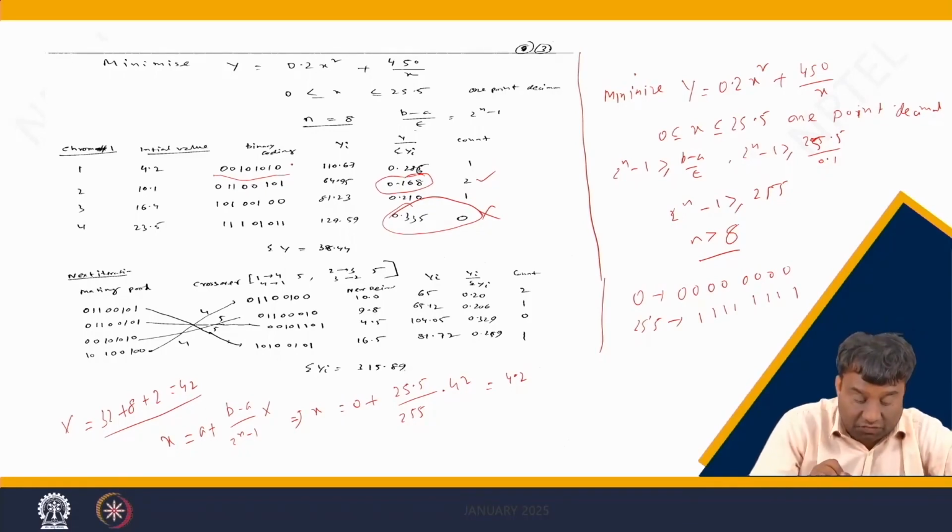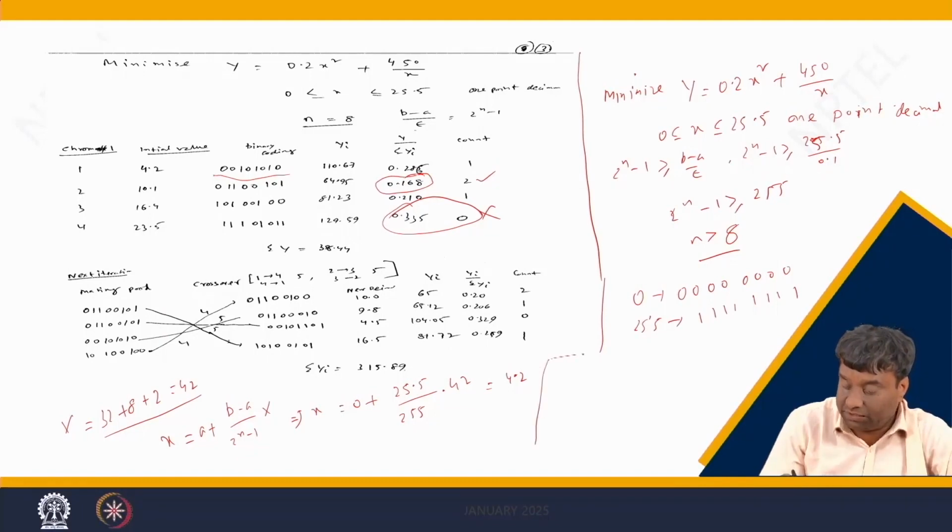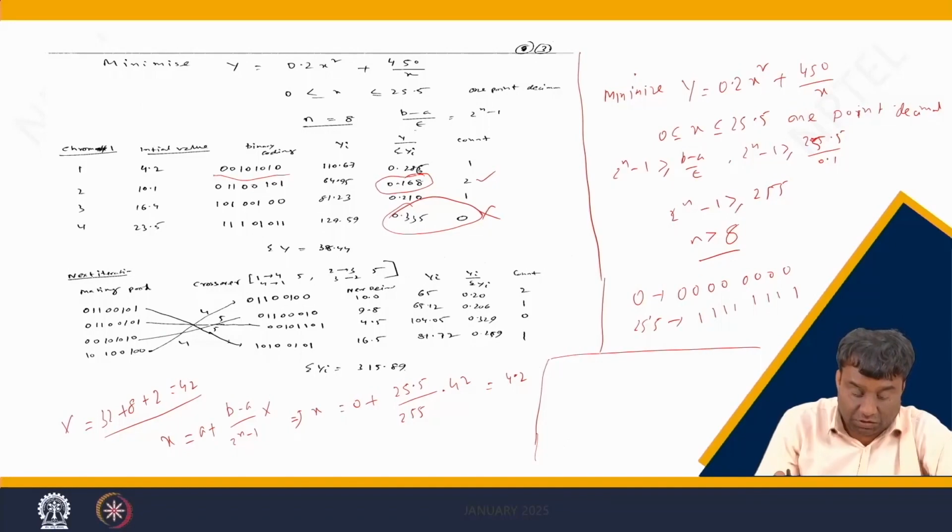For the crossover, we are assuming that P1 is chromosome 2, which is 0 1 1 0 0 1 0 1, and the other is chromosome 3, which is 1 0 1 0 0 1 0 0.